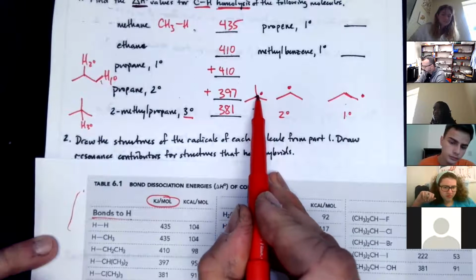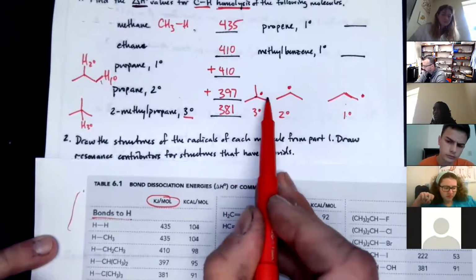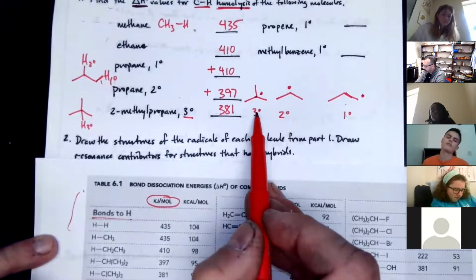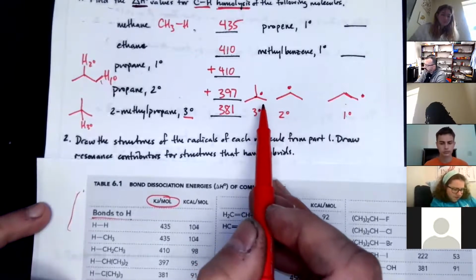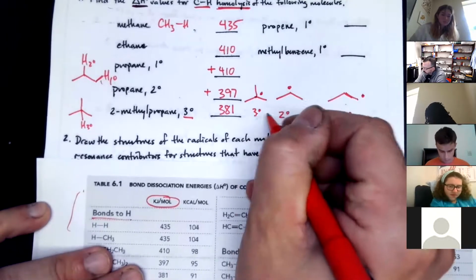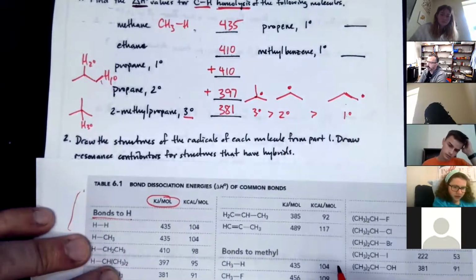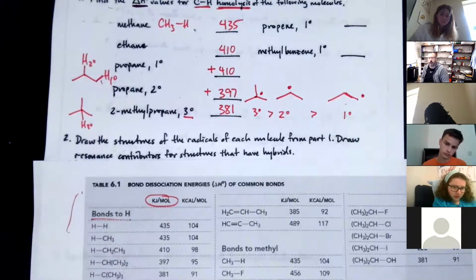This carbon here is bearing the radical, so you have 1, 2, 3. It's tertiary. So our radical stability trend, tertiary is greater than secondary, which is greater than primary. So whenever you're doing this type of problem and you're asked which hydrogen gets substituted, that's the order in which you do it.